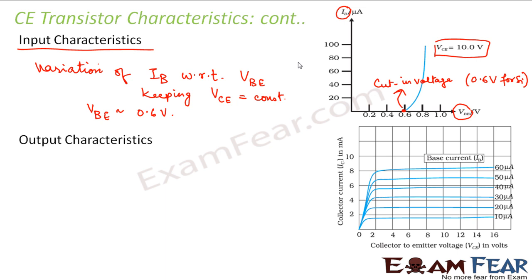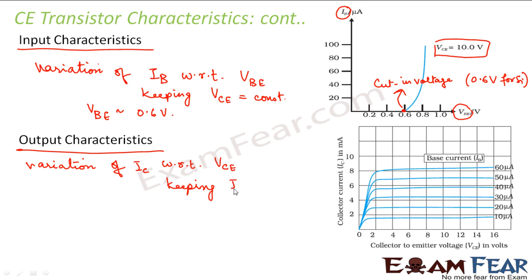Now let us look at the output characteristics. Now the output characteristics is very important and it plays a very crucial role in the working of a transistor. So what do we study in the output characteristics? In output characteristics, we study the variation of the output current, that is the collector current, with respect to the output voltage, that is the collector to emitter voltage, and this time we keep the input parameter fixed.